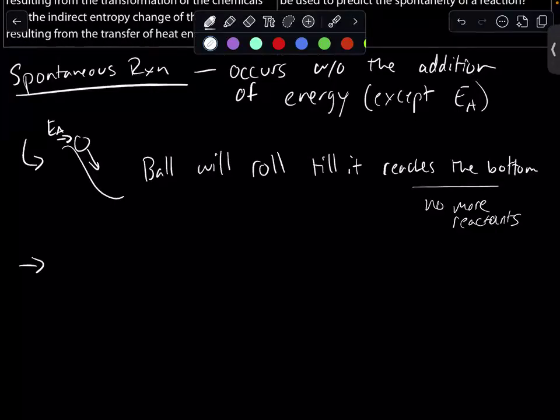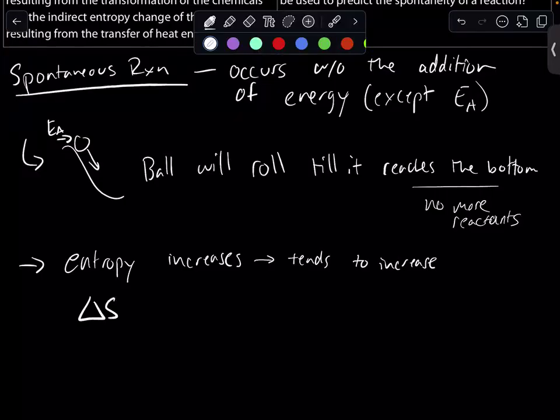Now, we can apply this in addition to things like entropy. The second law of thermodynamics says that entropy increases or tends to increase. So when we look at the total change in entropy in a reaction, we know that if something's spontaneous, we generally have more entropy at the end, because that would mean the particles have dispersed, doing what they want to do.